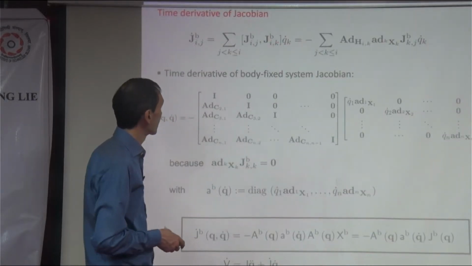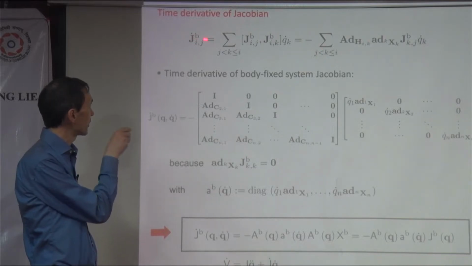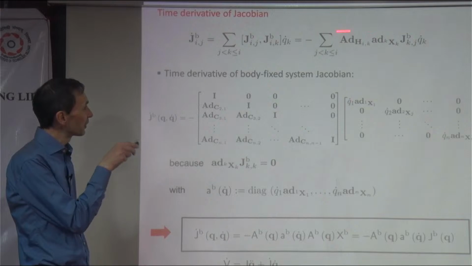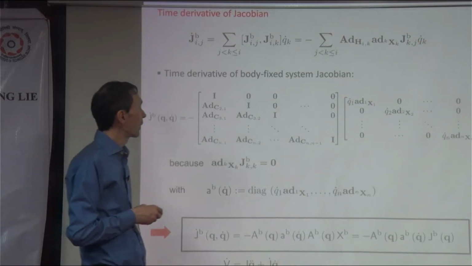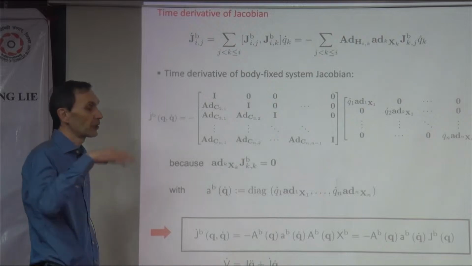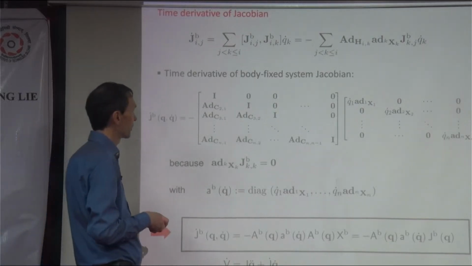Let's use this expression for J dot, because it is quite beneficial. If you believe me that this is true, we can again formulate this in a more compact form for the system Jacobian.